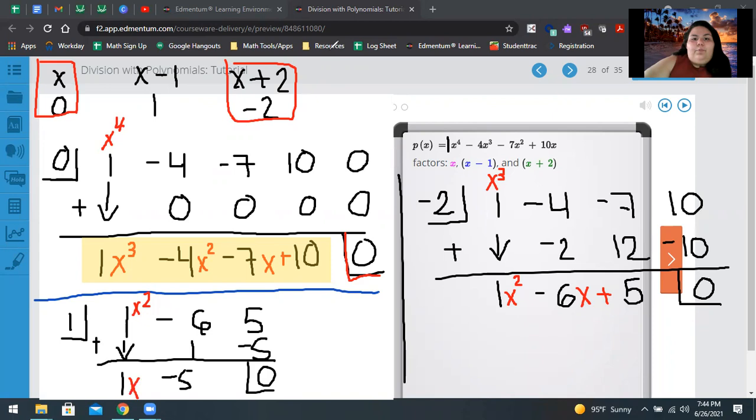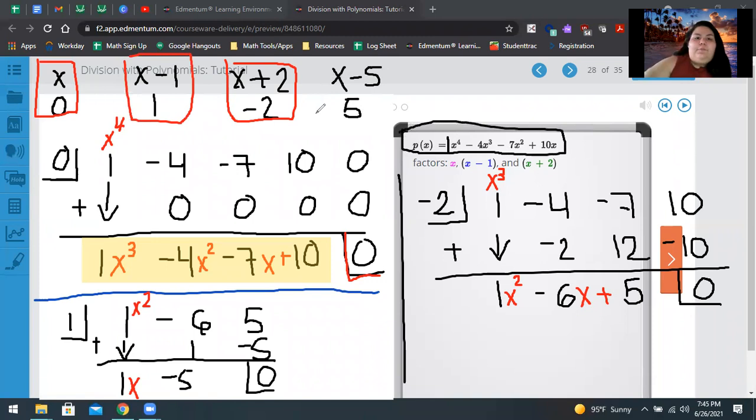So did you notice we already used this one? Now we have this last factor, x minus 5, which if you plug in 5 into the original formula over here, you're going to get a result of 0 as well. So here are our factors for p of x.